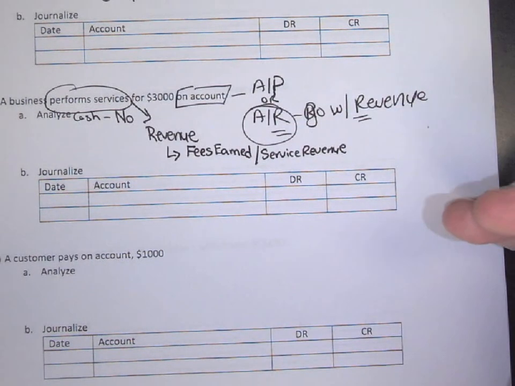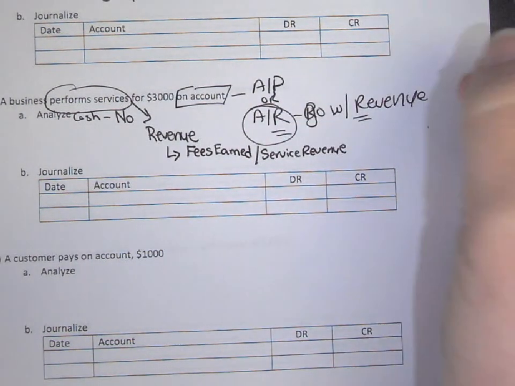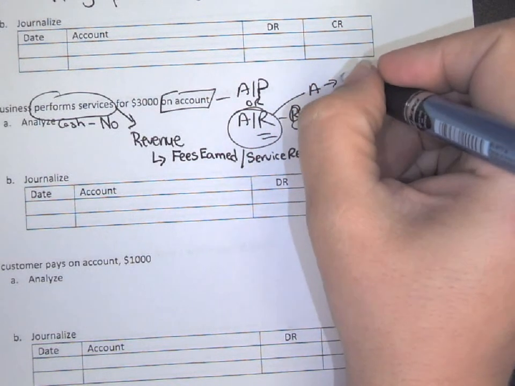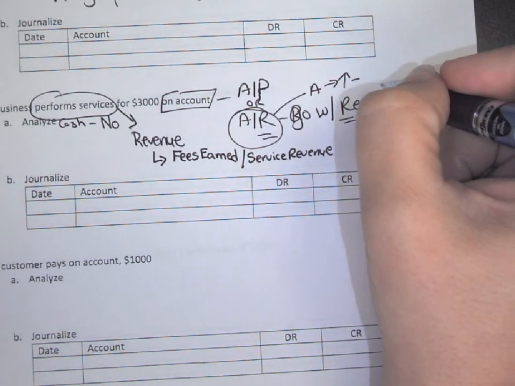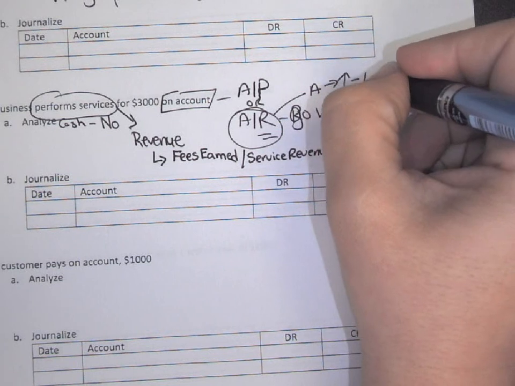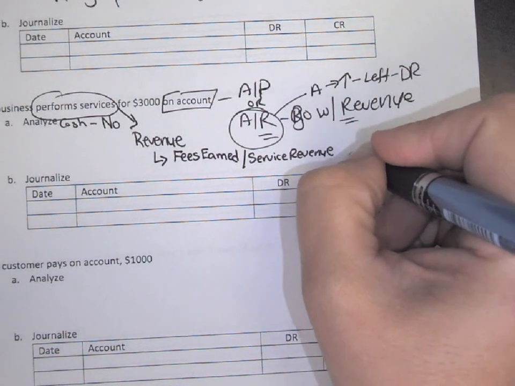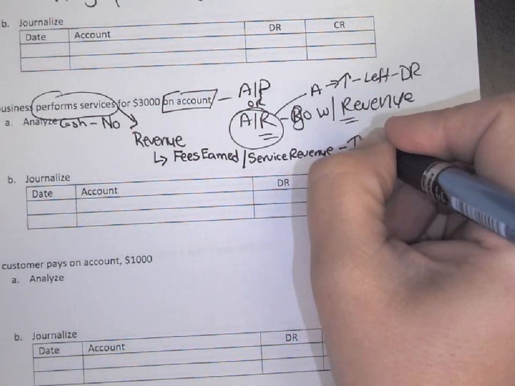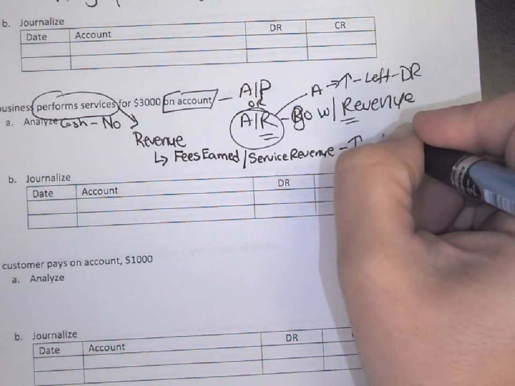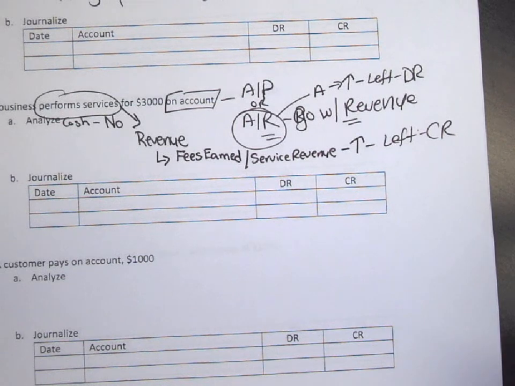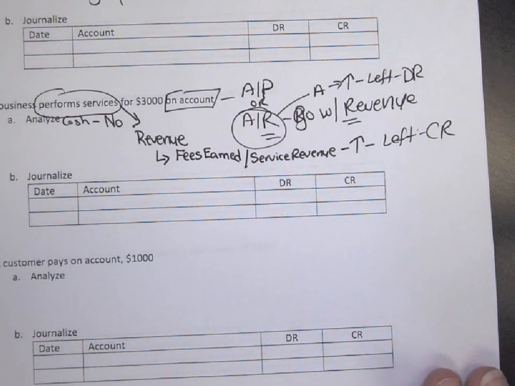What's our debit? What is our credit? Accounts receivable is an asset. This asset is increasing. Assets increase on the left, which means that's my debit. This is a revenue item. Revenue is increasing. Revenues increase on the right as a credit. So that's how you would analyze it.